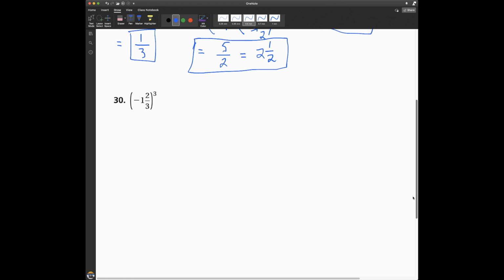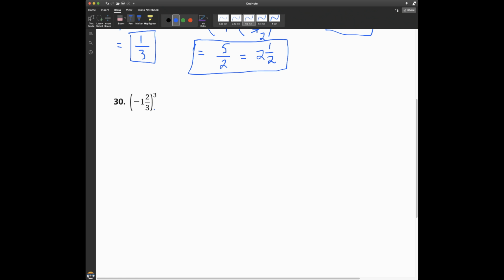All right, last one. -1 2/3 to the third power means I take -1 2/3, multiply it by -1 2/3, and then multiply that by -1 2/3.